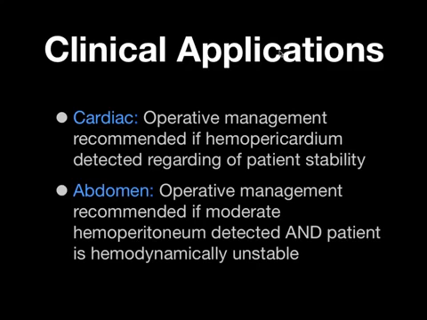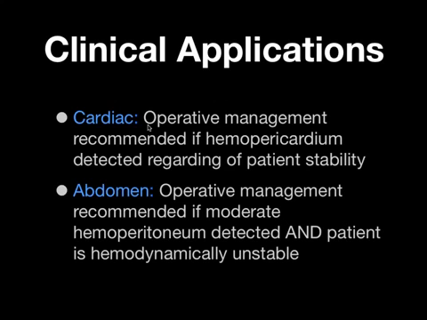So what are the real clinical utilities of the FAST exam when you're looking for hemoperitoneum and hemopericardium? From a cardiac standpoint, operative management is going to be recommended if hemopericardium is detected regardless of the stability. These are people who will deteriorate very rapidly, so regardless of the size of the fluid collection or the hemodynamics, these are people who need emergent operative intervention.